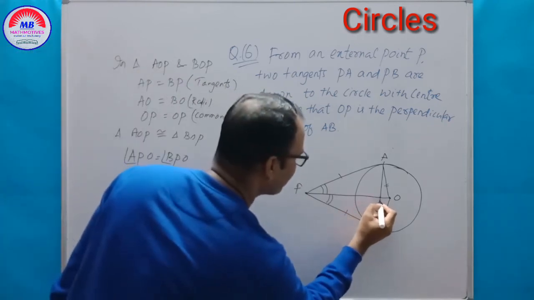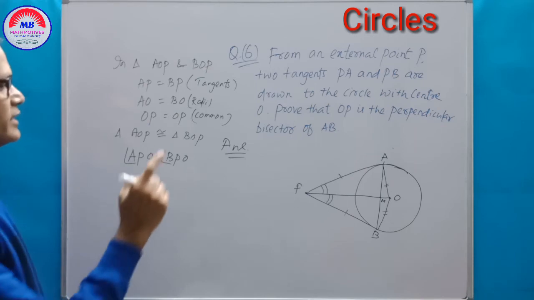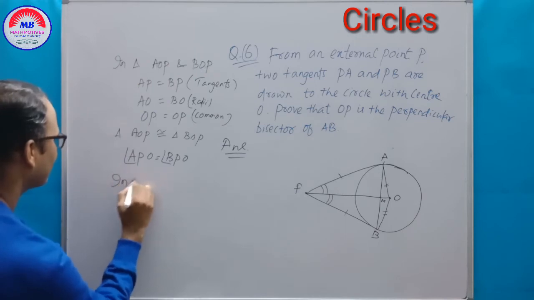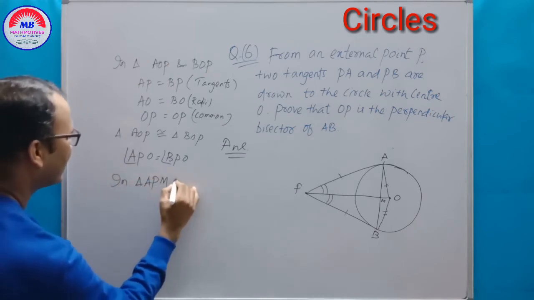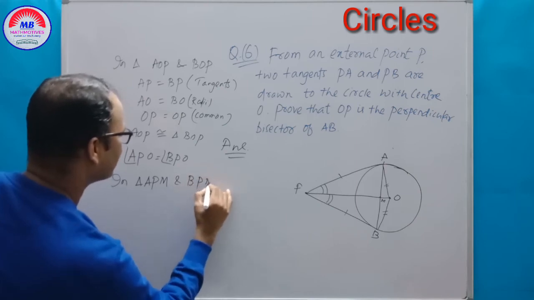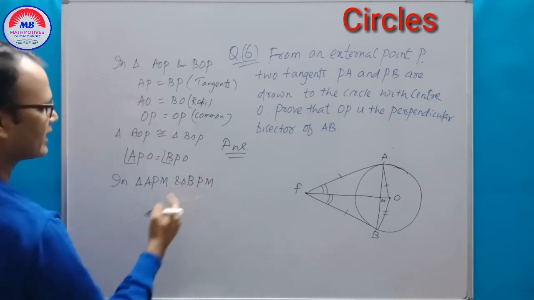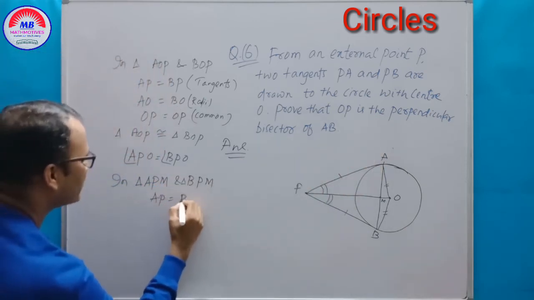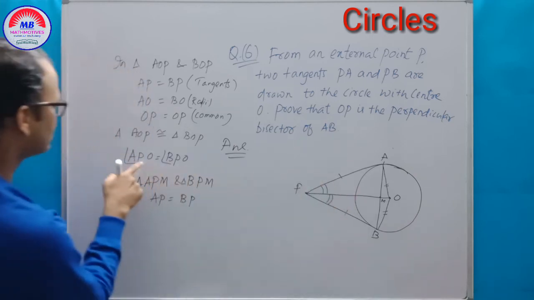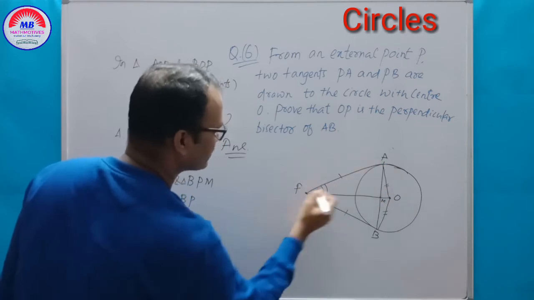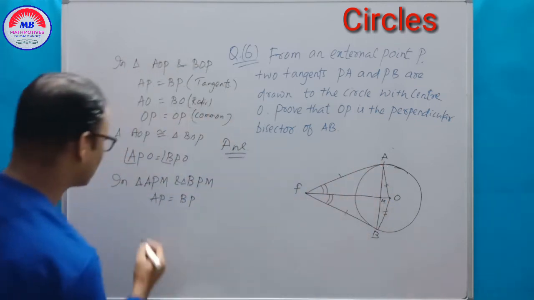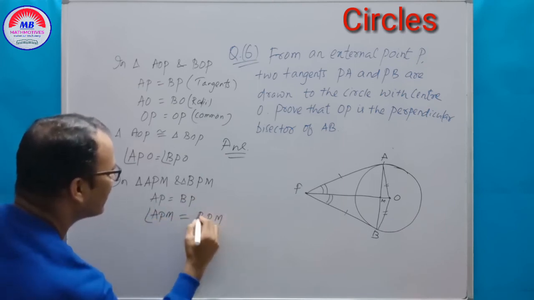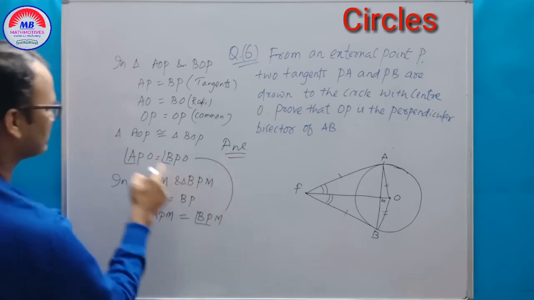Let this point be M. Now you see, in triangle APM and triangle BPM, AP is equal to BP. Second, APO equal to BPO, so angle APM equal to angle BPM, because we proved this first.